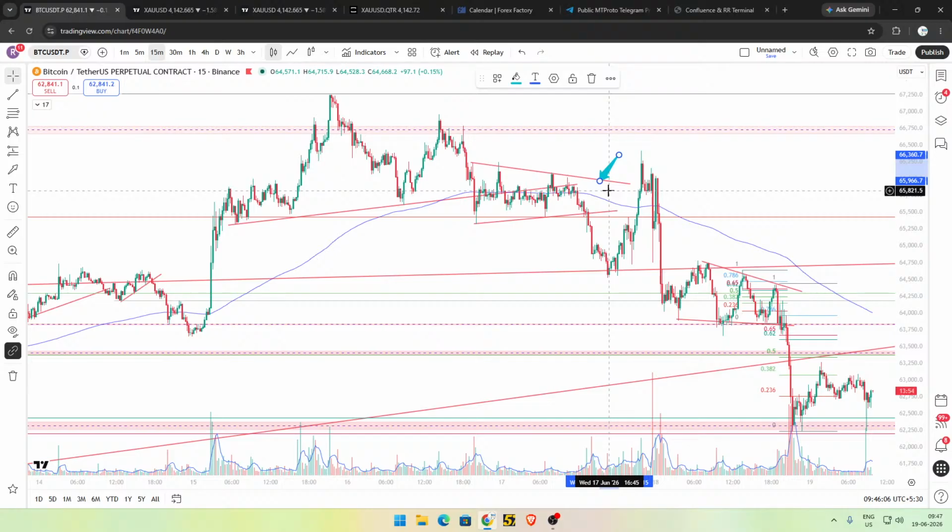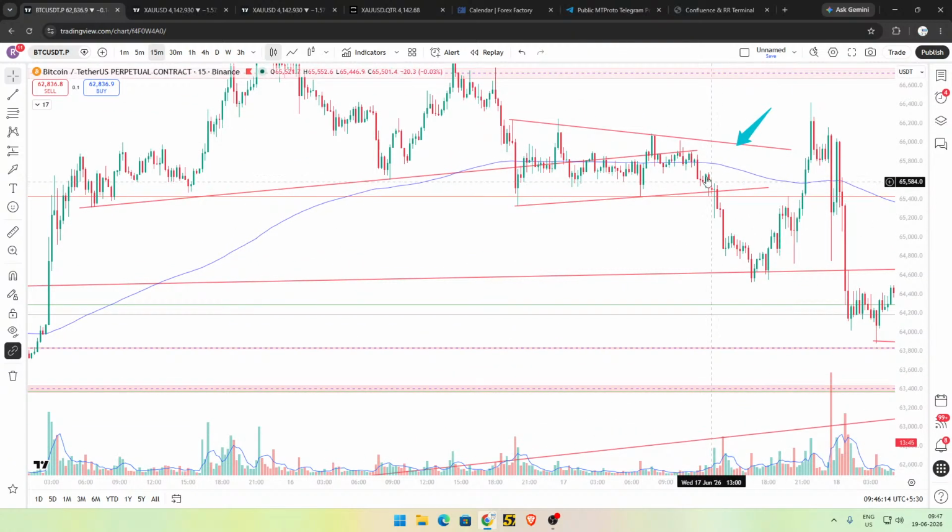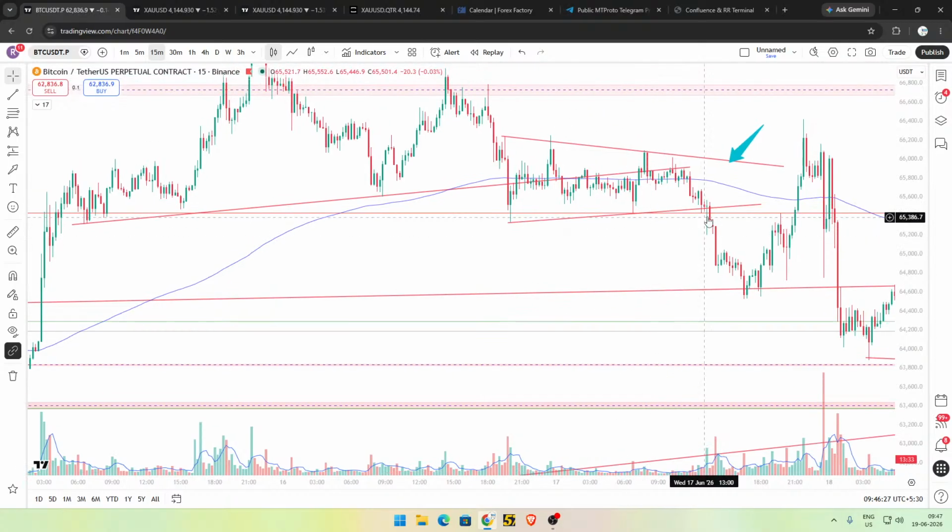So now I want to tell you about the pin bar that forms after the breakout. See, when it is below the 200 moving average, the close is above at this region. Even though it hunted a good amount of liquidity, this area has acted as a retest of this chart pattern, then it fell.